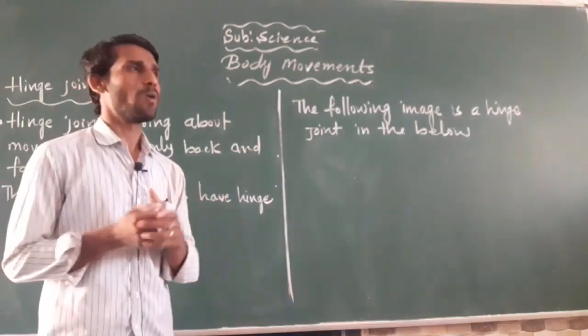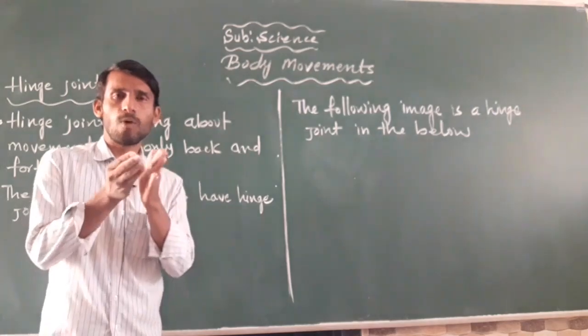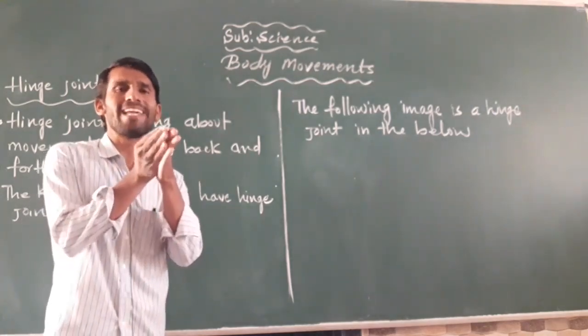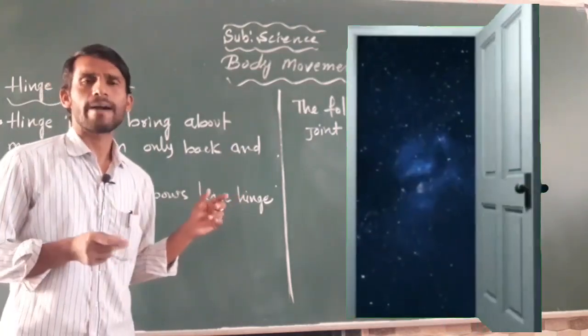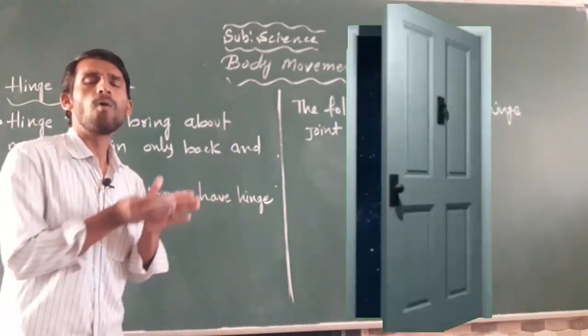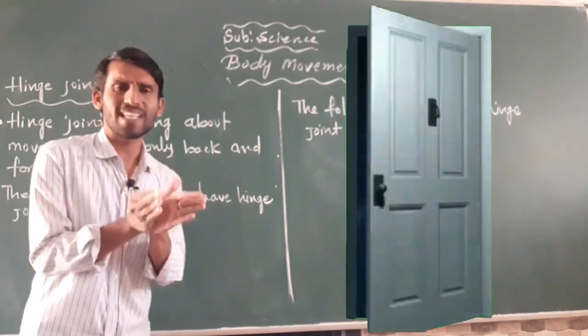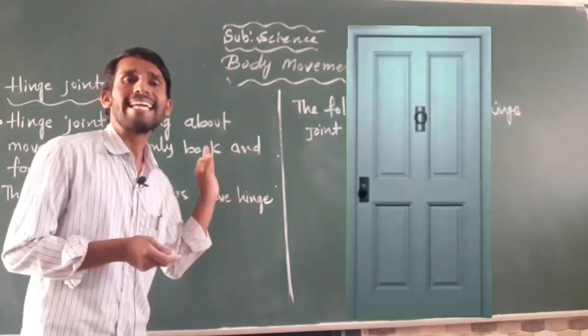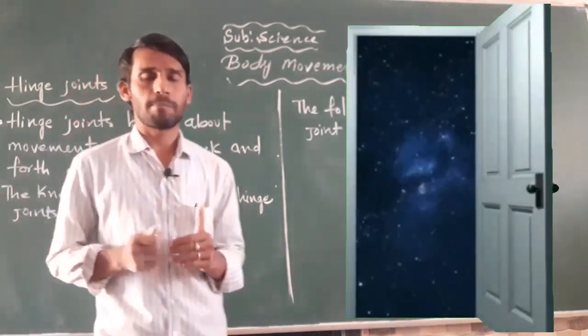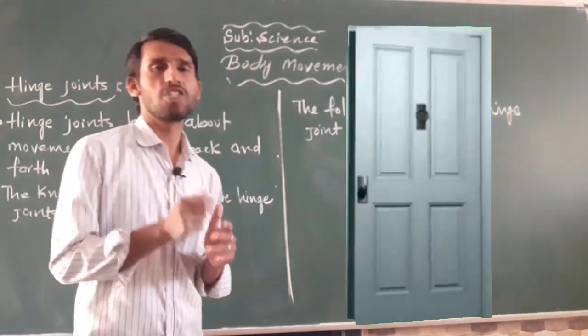Example, see windows. When we open windows, they open only one side. Another example, you see this is a door. We are able to open it only one side, back and forth direction only. In the same way, hinge joints also work in our body. This is what we call a hinge joint.